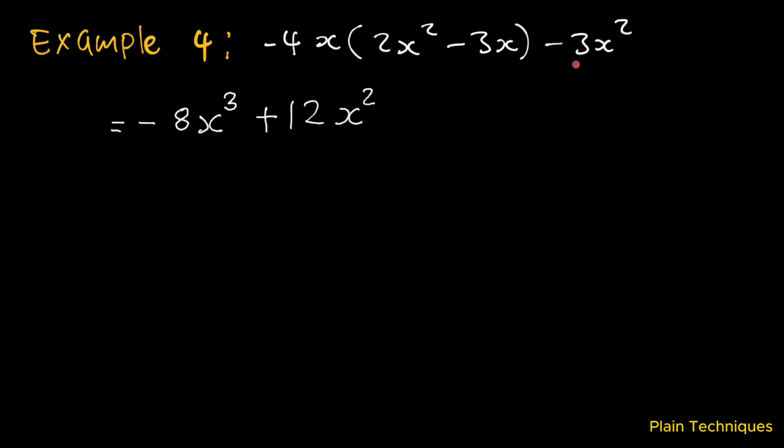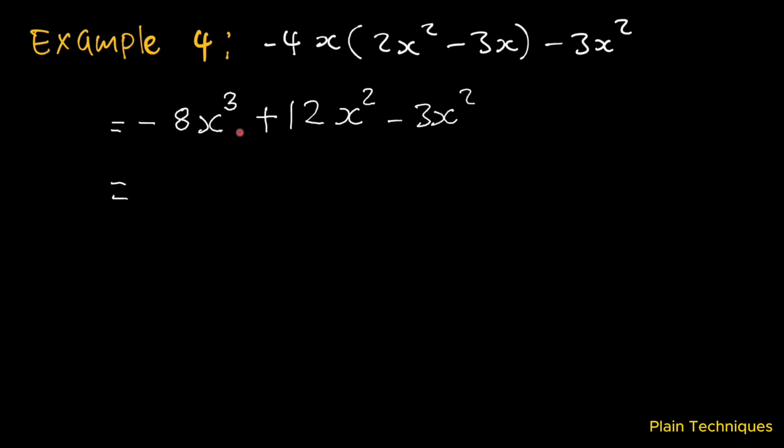So I'm going to put this as it is, minus 3x squared. All right, now what is expected from here? The question that you need to ask yourself is if there are any like terms. So this is how you find like terms.